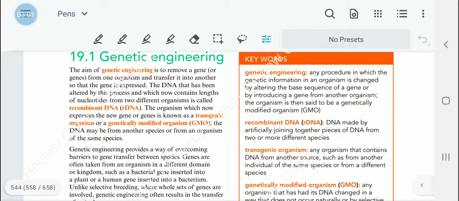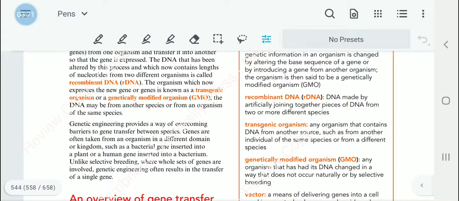The organism in which the gene is expressed is known as a transgenic organism or genetically modified organism, that is GMO. The DNA could be from an entirely different species, or a different organism of the same species.